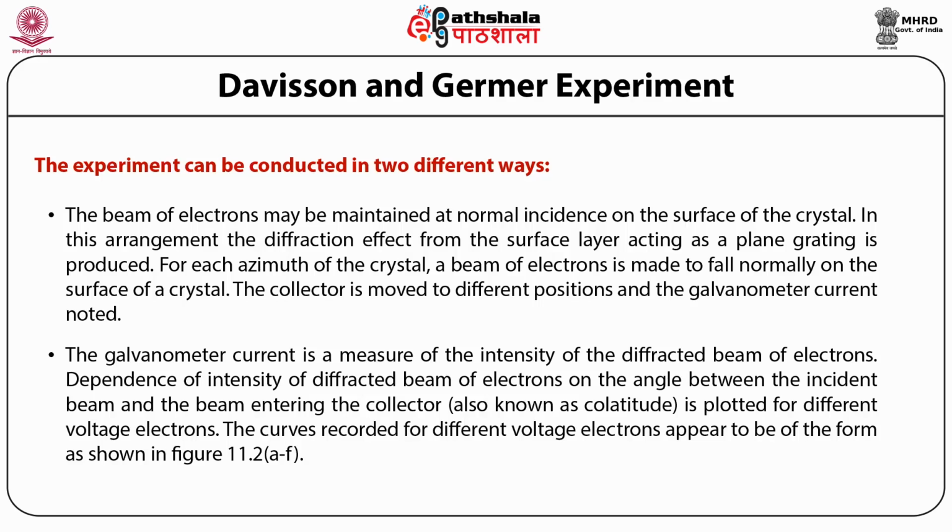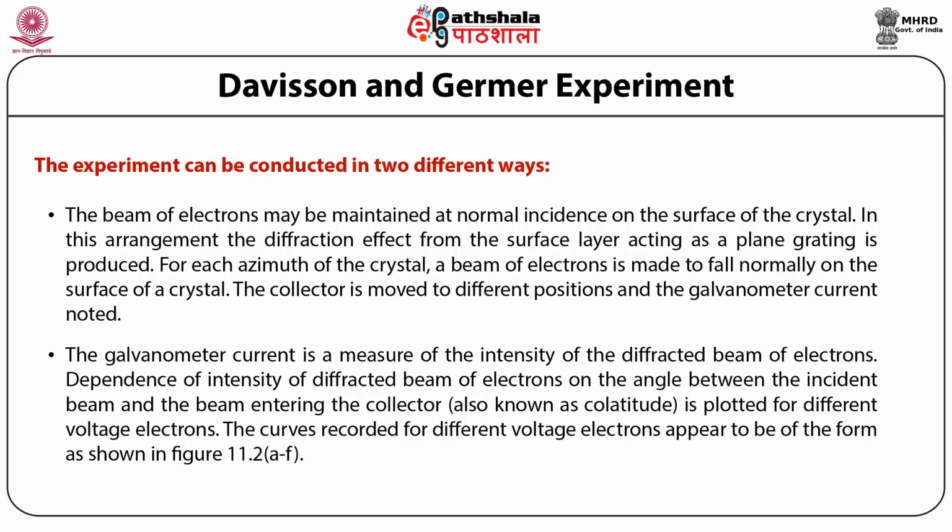The dependence of the intensity of the diffracted beam of electrons on the angle between the incident beam and the beam entering the collector, also known as co-latitude, is plotted for different voltage electrons.